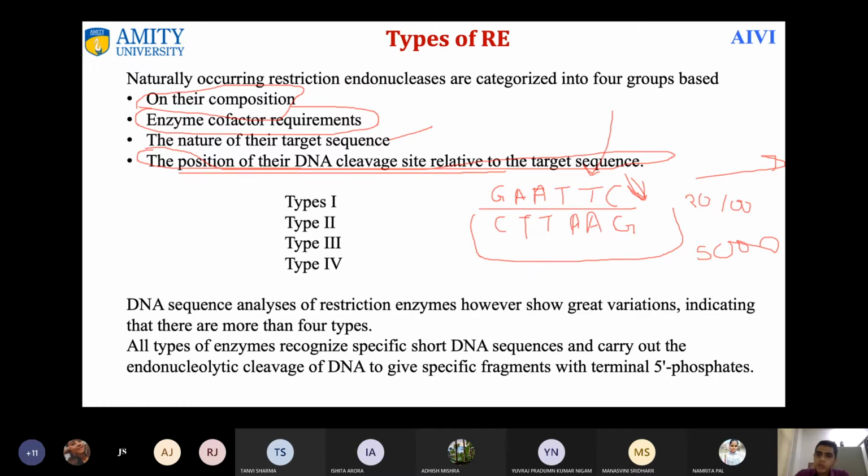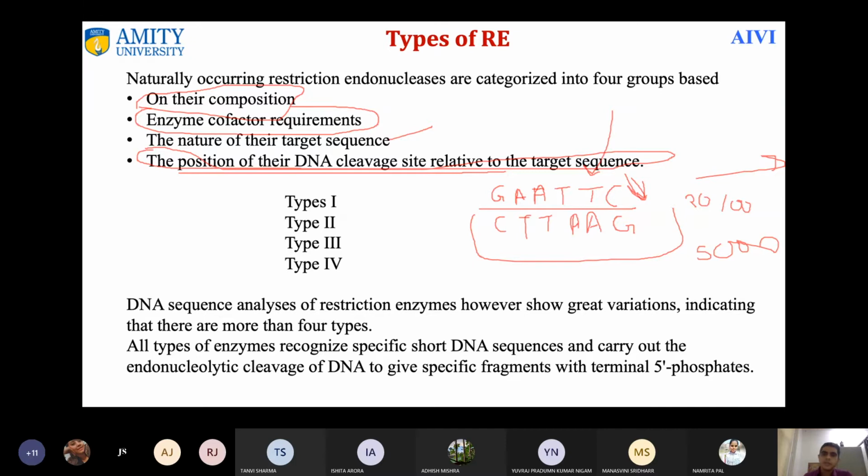So when they produce a cut, they leave a 5' phosphate and a 3' OH. It is not that they produce a cut in a way that the phosphate group is present at the 3' OH. The phosphate group is always going to be present at the 5' of your ribose.